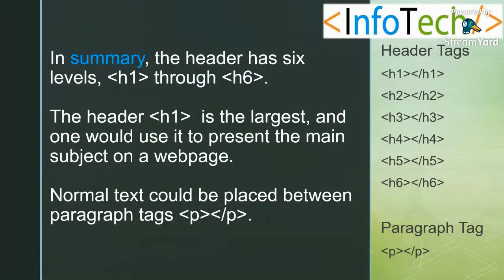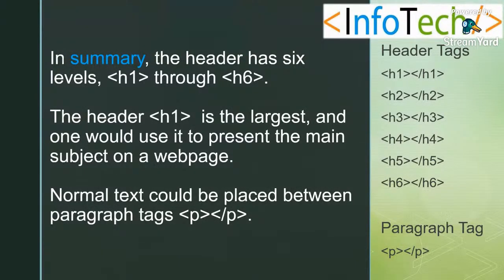So in summary, the header has 6 levels, H1 through H6. The header tag H1 is the largest, and one would use it to present the main subject on a web page. Normal text can always be placed between paragraph tags.